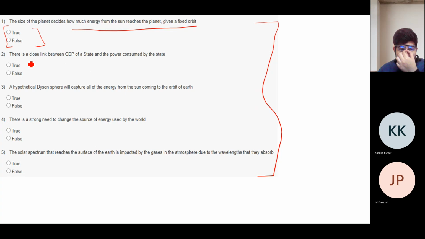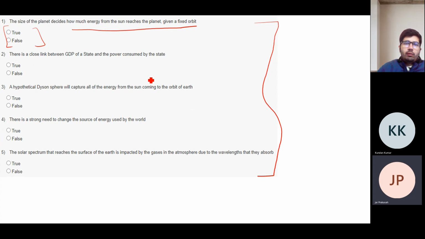I am again repeating the question. The size of the planet decides how much energy from the sun reaches the planet given a fixed orbit. This statement is true or false? I am also giving you a hint, as we have already discussed: suppose this is the Earth and this is the Sun. We are taking a particular area, a circular disk.